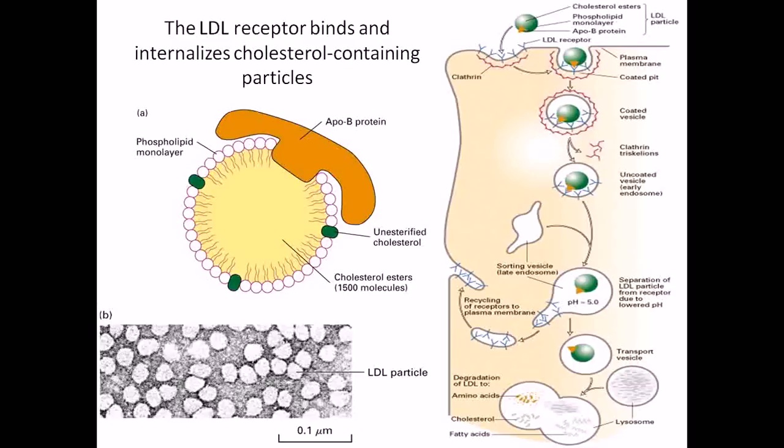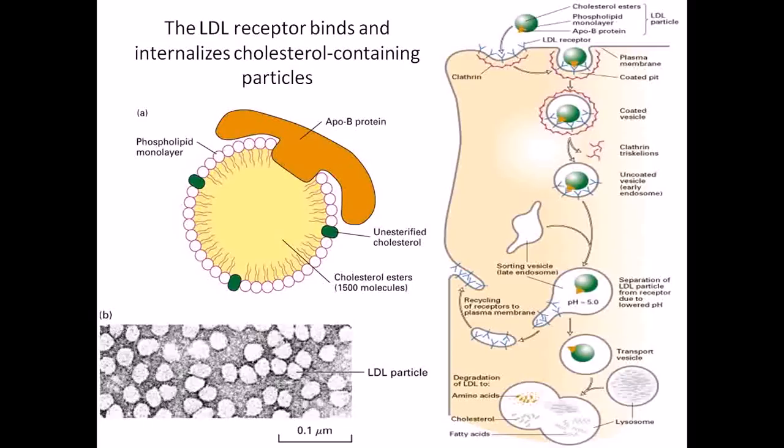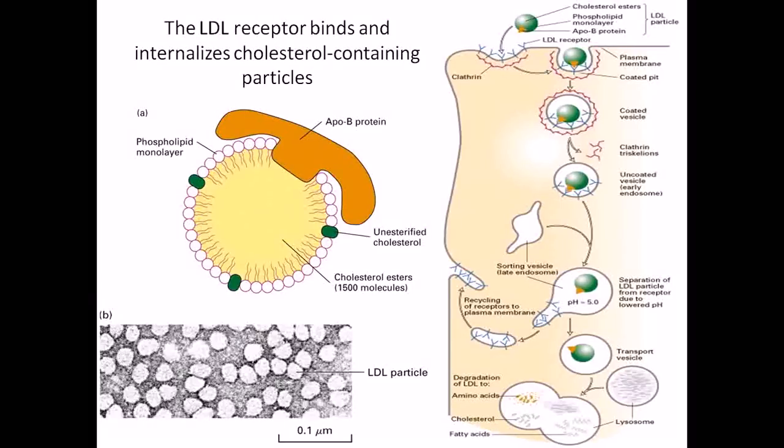Now those late endosomal vesicles will fuse with the transport vesicle. Here the transport vesicle consists of lysosomes. So lysosomes will fuse with these late endosomes, and after the fusion, these lysosomal enzymes will degrade the rest of these proteins.